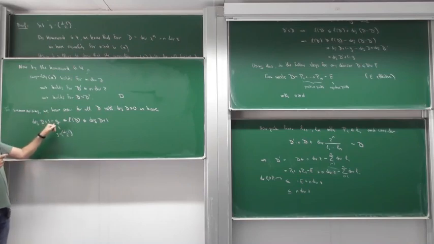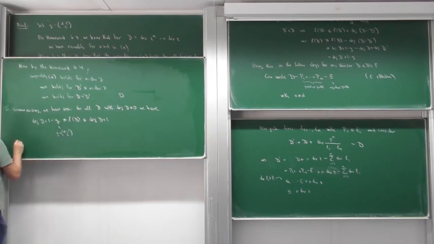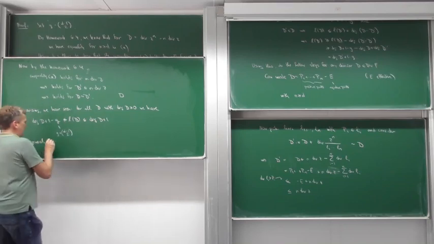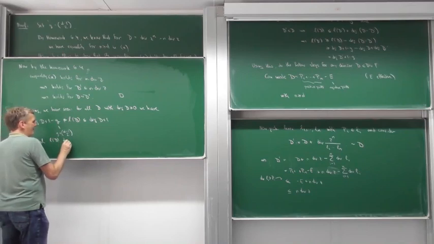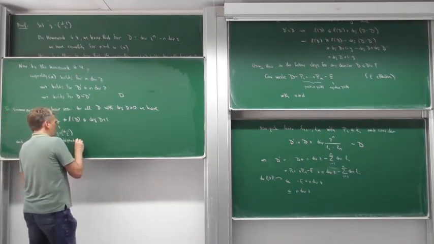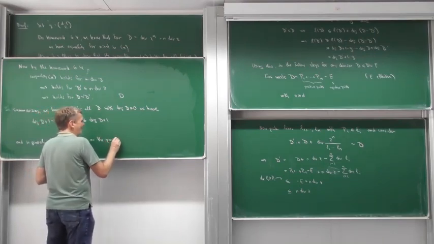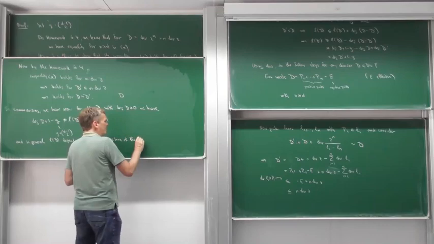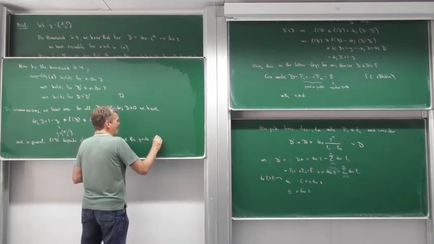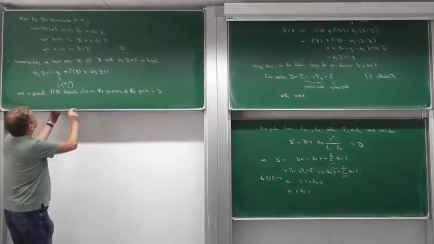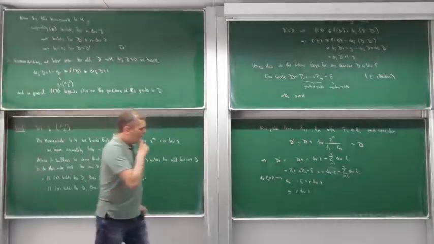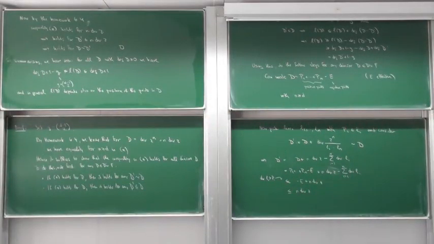Because we had seen that. So this is the best constant we can get here. So there will be a divisor where this one is achieved. And so in general, L of D depends also on the position of the points in D. So that's what we got so far.